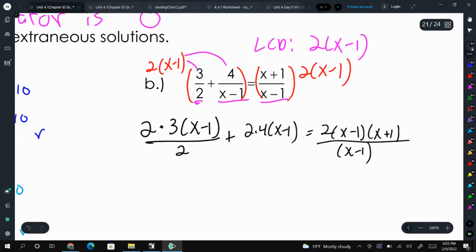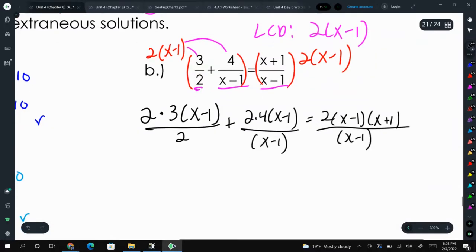Whoops, I forgot to write over x minus 1. Because I want you to see things cancel out. Because if you multiply 2 times 3 and you get 6, you may not realize quickly that these 2's will cancel out.